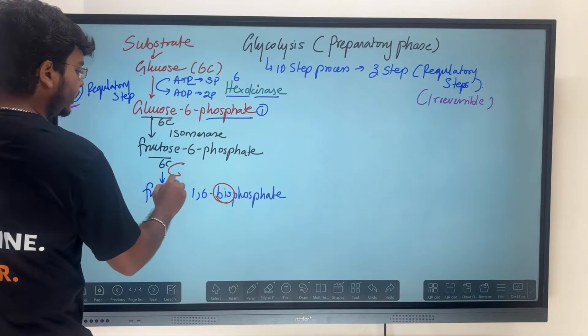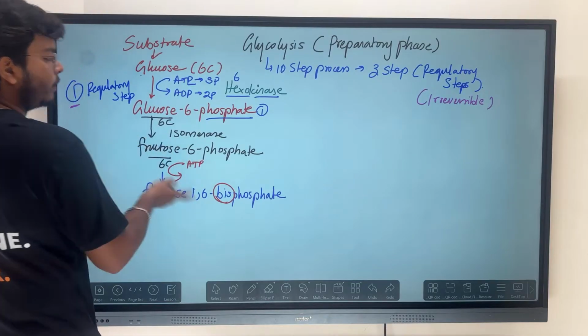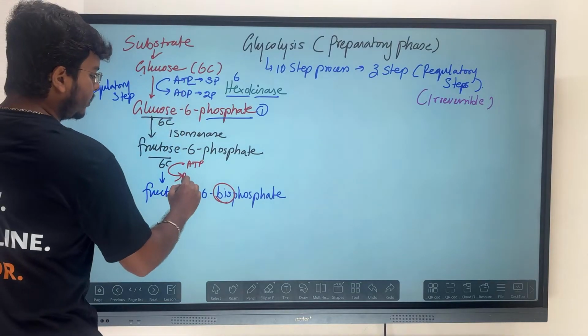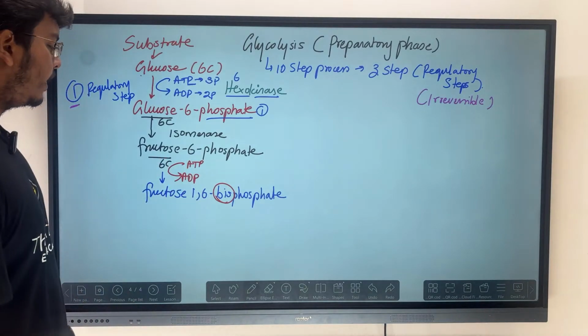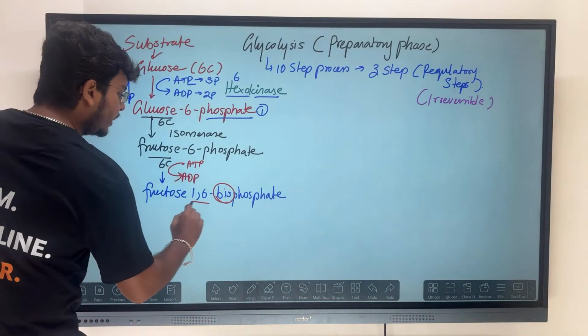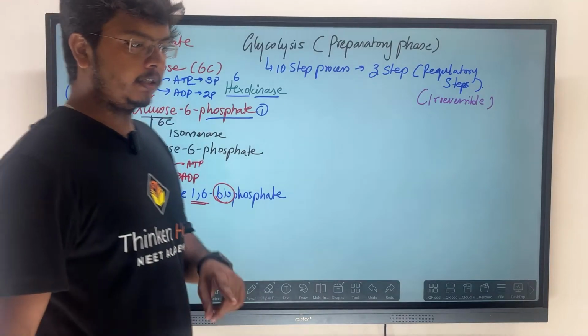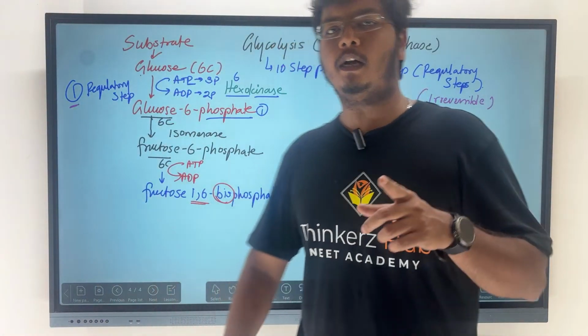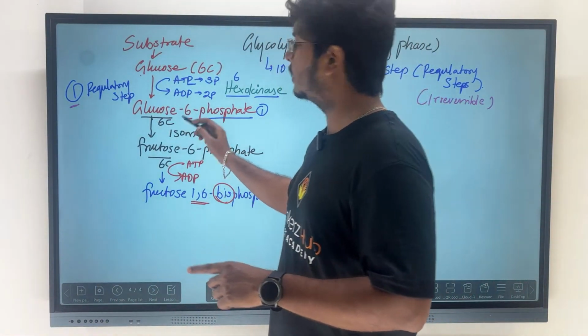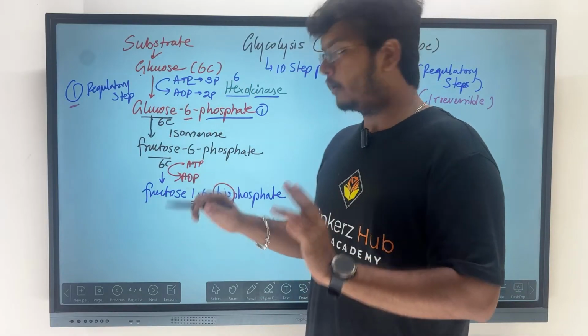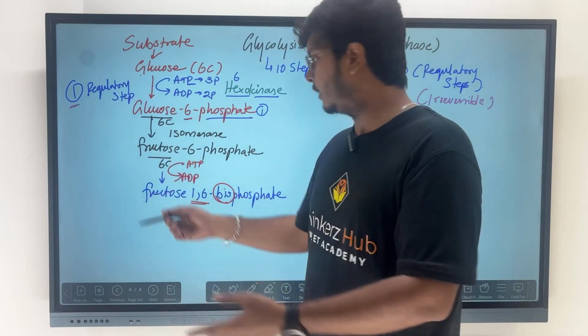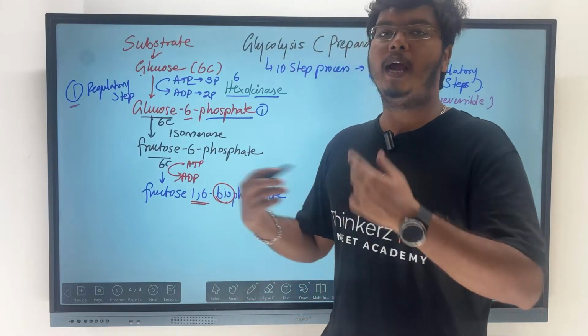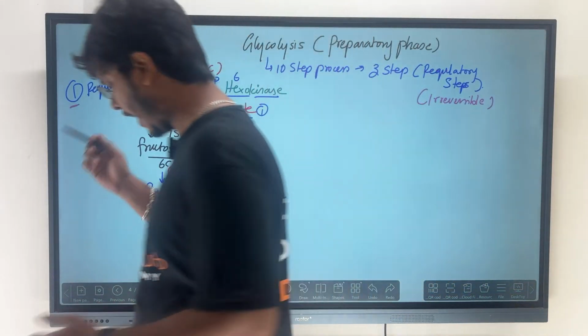In this step we have added another ATP, and we got ADP back. Got it? Fine. And what is this 1 and 6? In the 6th carbon position, 1 phosphate has already been added. Now in the first carbon position, another phosphate is getting added.